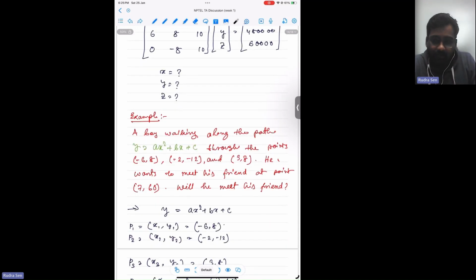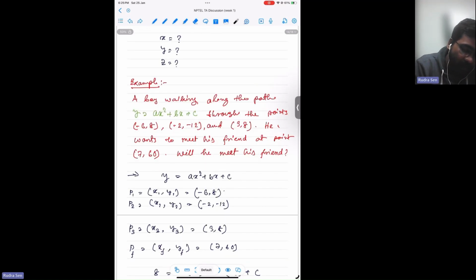So the next example is something like that. A boy is walking along a path. The path is something like this, some sort of polynomial path. Okay, a quadratic polynomial path, to this point: minus 6, 8; minus 2, minus 12; and 3, 8.